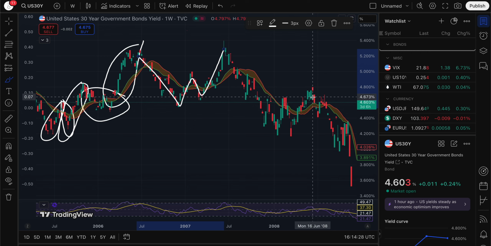Now, the first big divergence between the two cycles is that, of course, by January of 2008, if I'm not mistaken, we had something like 100 basis points of cuts by the Fed. Of course, we didn't have that this cycle. By January of 2008, things were already looking iffy at best.